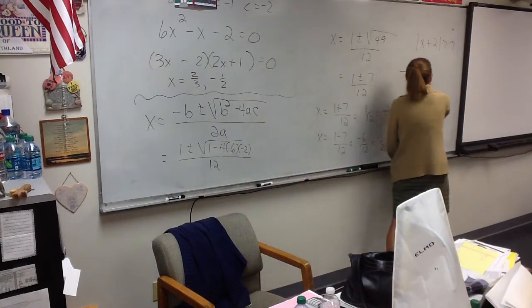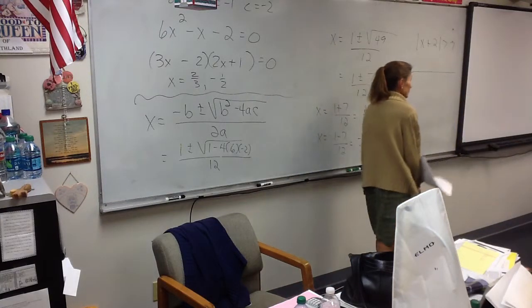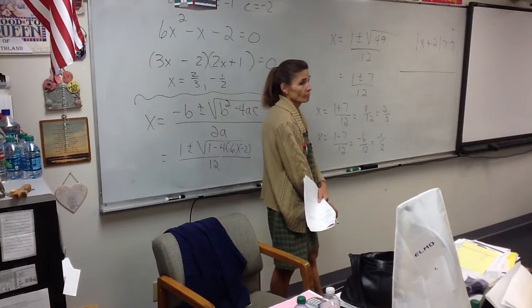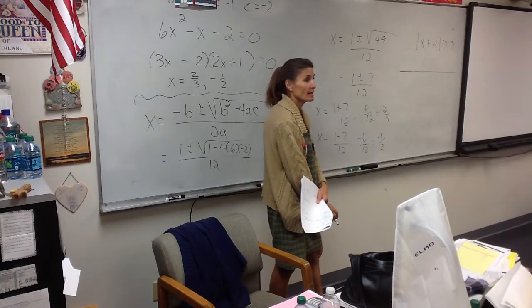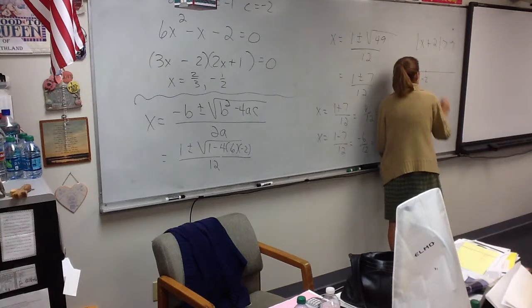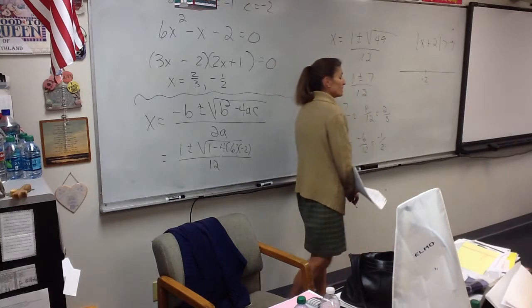I'm going to draw a number line. What number am I going to put right in the middle of that number line? Negative 2. There it is, negative 2.